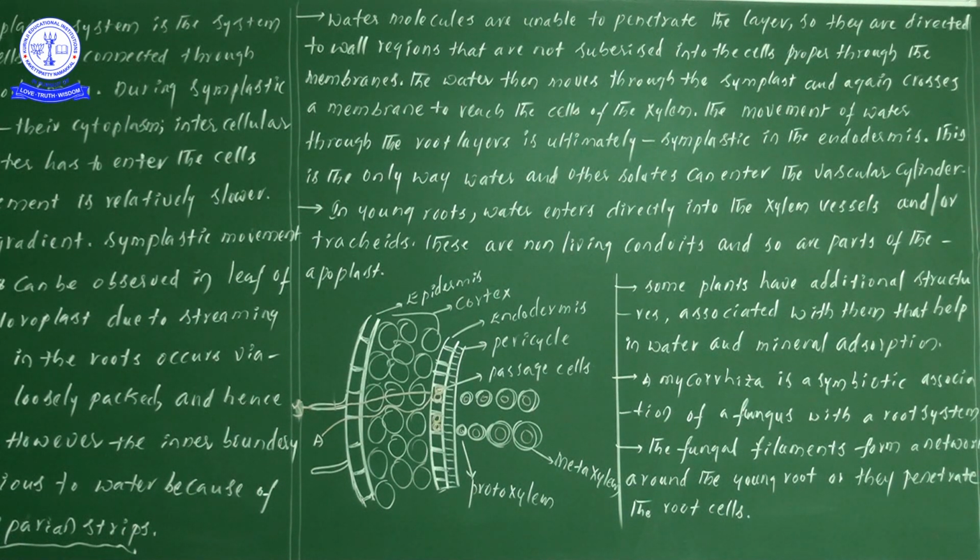Simply try to remember there is no suberin. If suberin is not there, some other chemical must be there: cellulose, hemicellulose, lignin. Like normal plant cells, here also somewhat specialized cells are made up of normal chemical composition, in the endodermis.